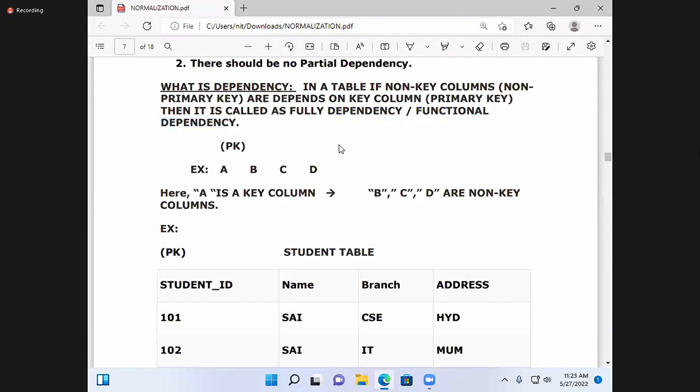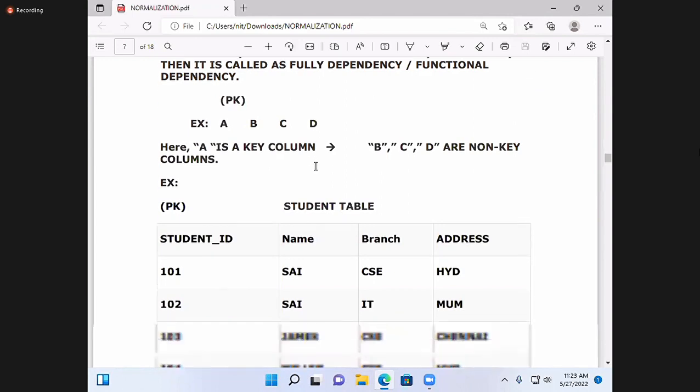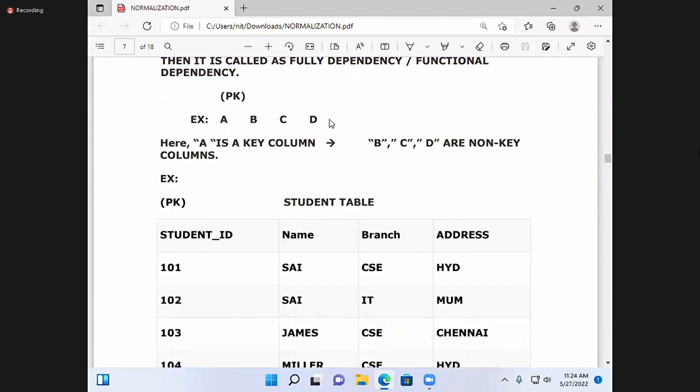So what it is saying is, in a table, if non-primary key columns depend on a primary key column, then it is called full dependency. Here is an example. A, B, C, D are the four columns I have taken.